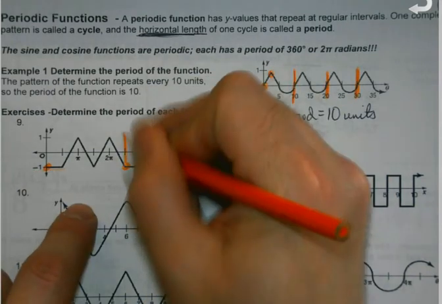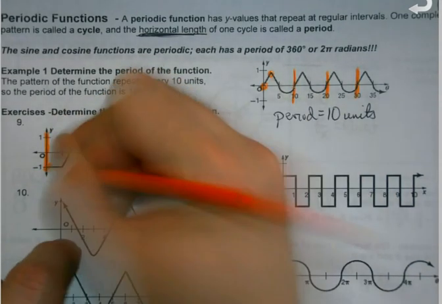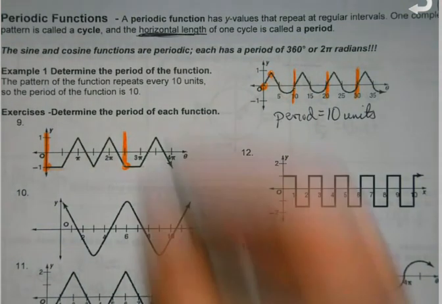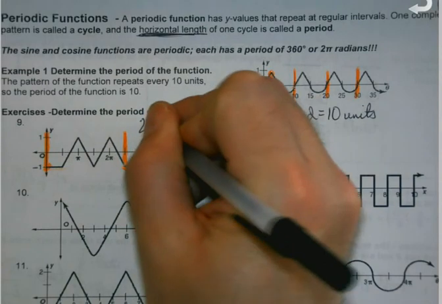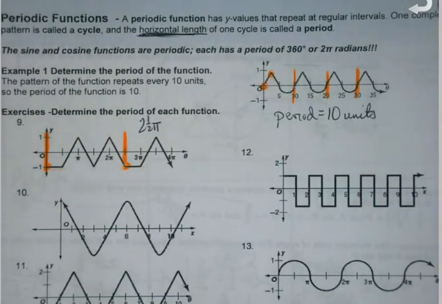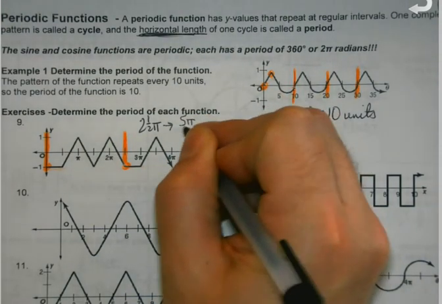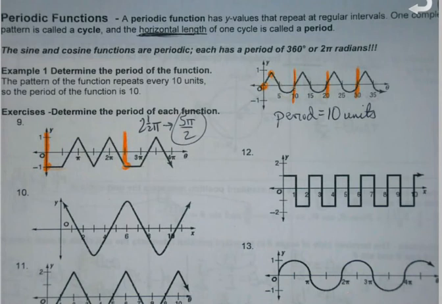So between here and here would be what I'd be looking for. But here's one thing I'm going to start getting you used to. You're like, oh, okay, so it's like 2.5 pi. But when we're talking about cycles, especially when radians, when pi gets involved, we're always going to talk in improper fractions. So this is a period of 5 pi over 2.